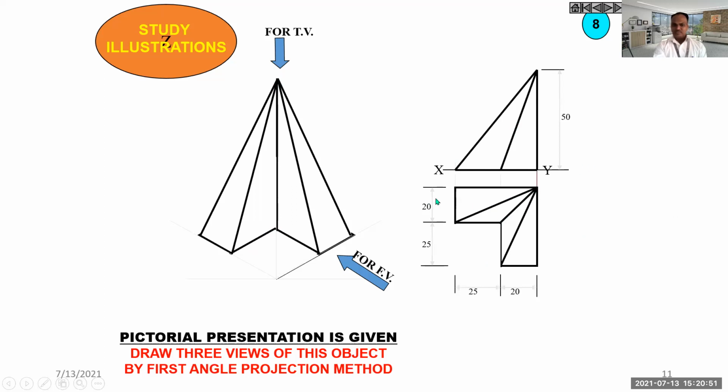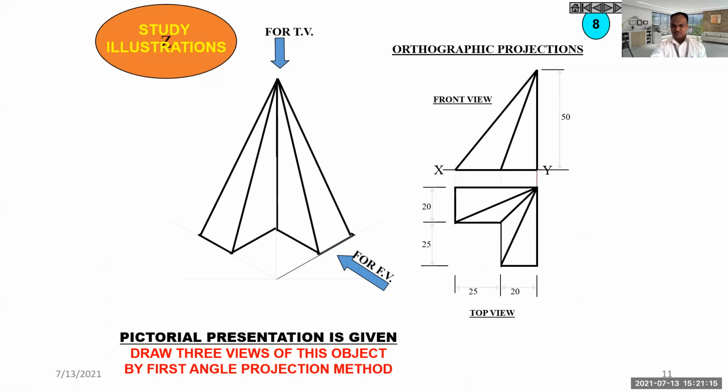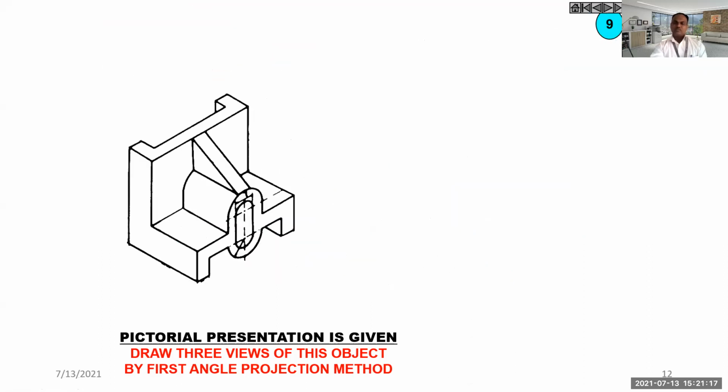Then this rectangular portion is there. This triangular inclined face will be seen like this. You have to take the projections from these points to get exact dimensions. And this will be seen, and again this small triangular portion will be seen. So this is the diagram of front view and top view of this particular diagram.